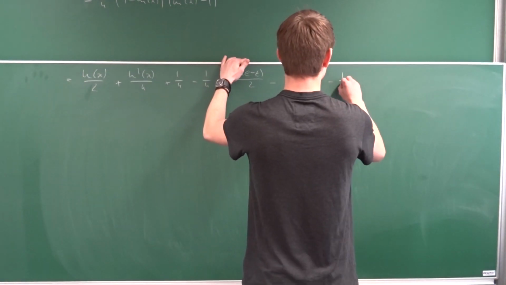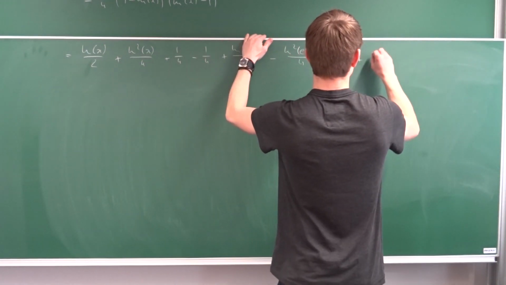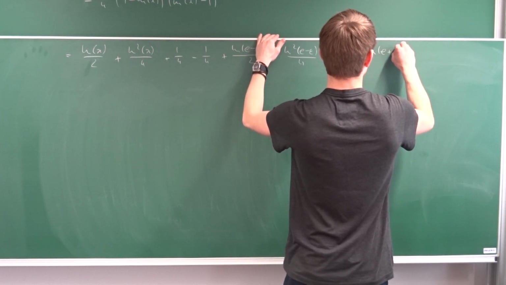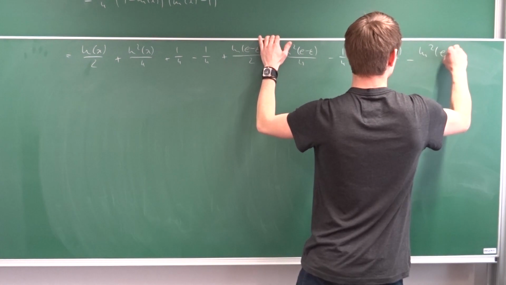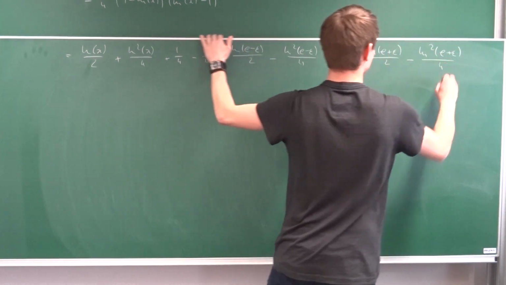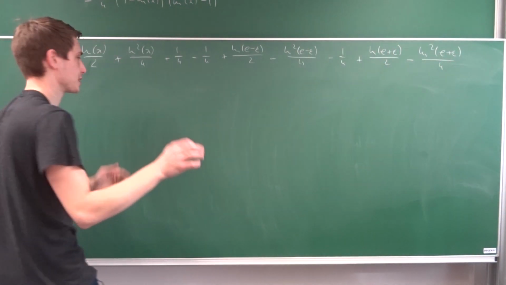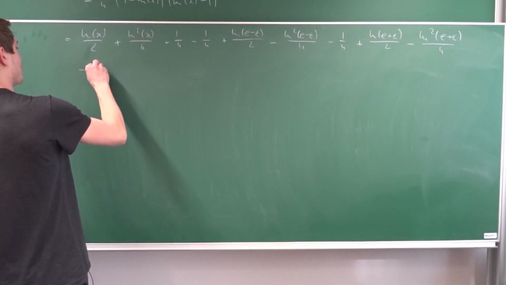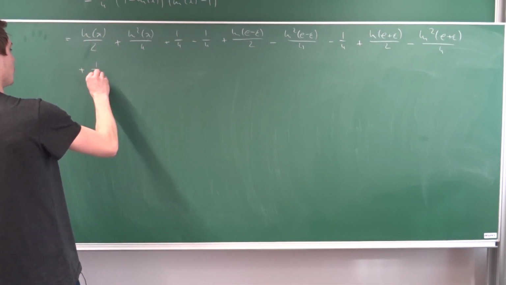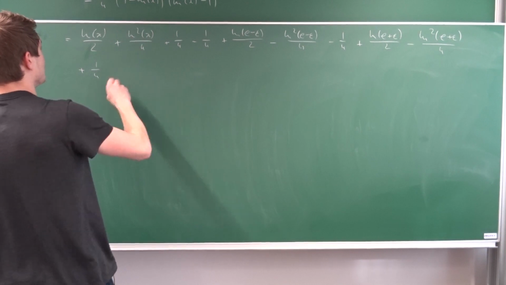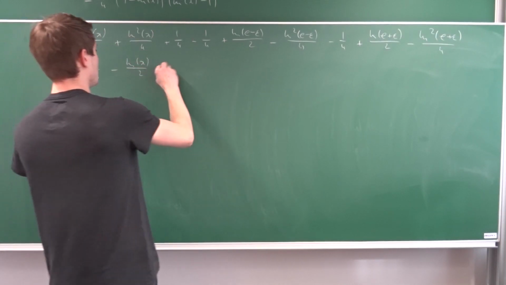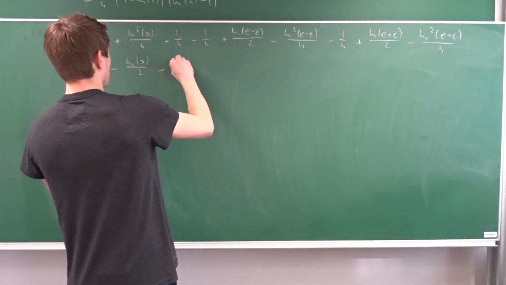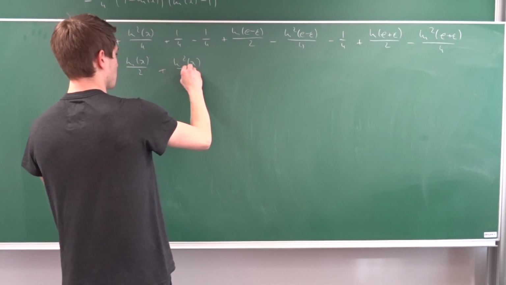So that's minus 1 over 4, and then positive ln e plus epsilon over 2, and negative ln squared e plus epsilon over 4. And for the last part, same spiel once again, minus positive 1 over 4 in this case, and then negative ln of x over 2, and positive ln squared of x over 4.